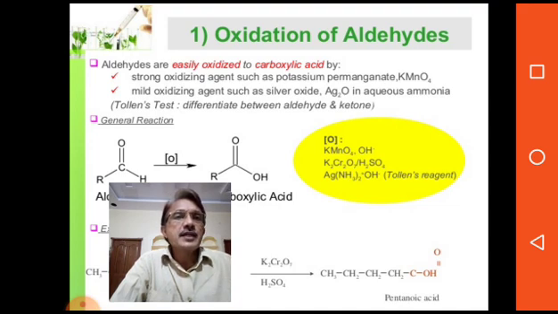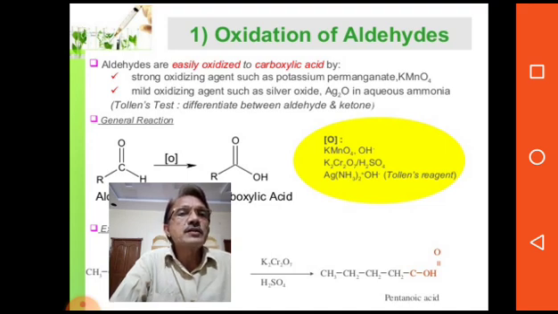Strong oxidizing agents such as potassium permanganate may be used. Acidified potassium dichromate or alkaline potassium permanganate may be used as oxidizing agent.